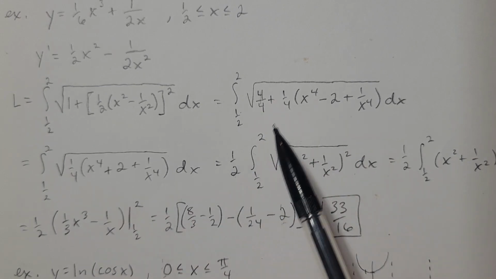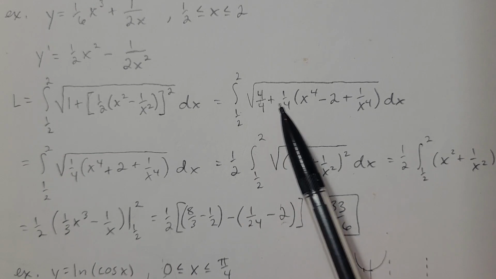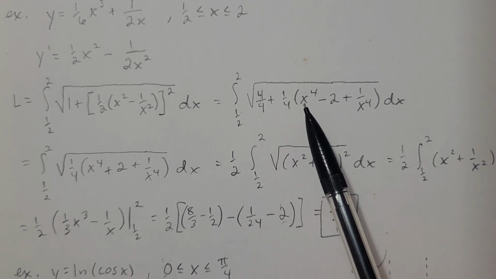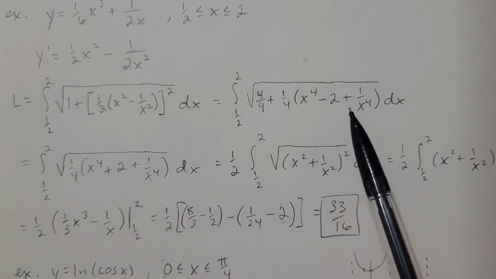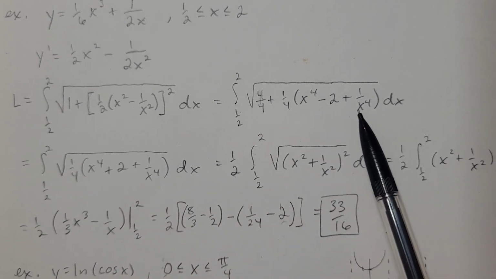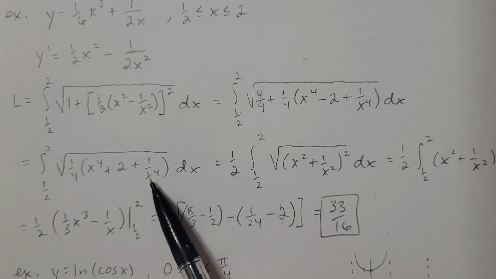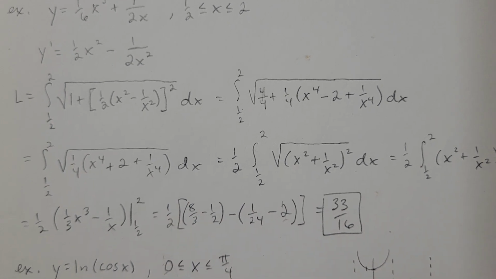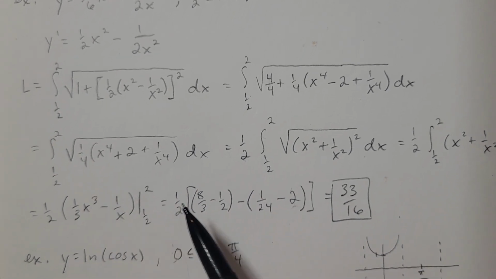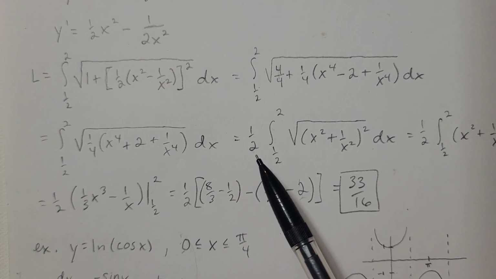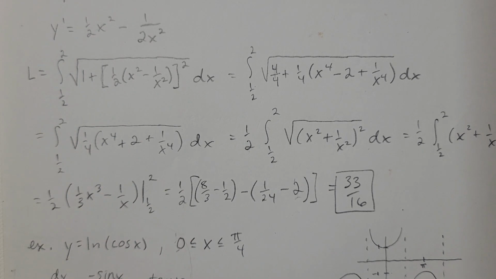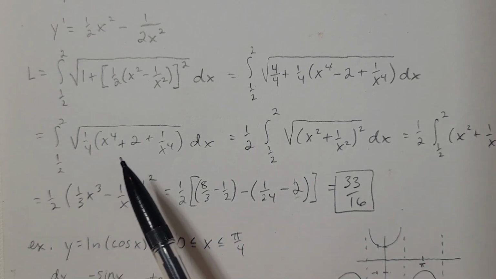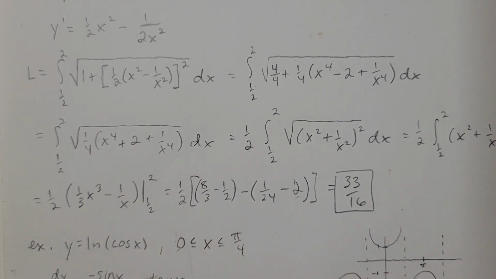So I got 1/4 times 4 plus x to the 4th minus 2, 4 minus 2 is 2, plus 1 over x to the 4th. Okay? And the square root of 1/4, that's 1/2. 1/2 is a constant. I can bring that out of the integral, times the square root of x to the 4th plus 2 plus 1 over x to the 4th.